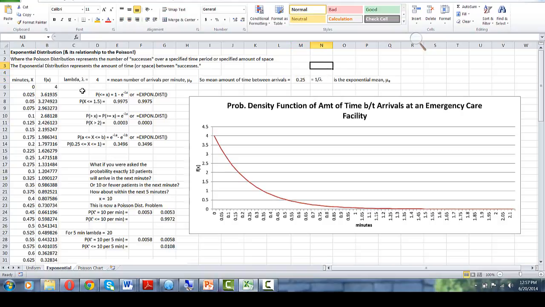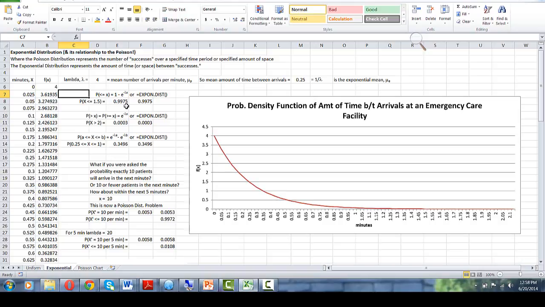So now, whether we're given 4 for the mean number of arrivals per minute, or we're given 0.25 for the average amount of time between arrivals, we then know that lambda is 4, and we can find probabilities such as what's the probability that 1.5 minutes or less will lapse between arrivals. So somebody has arrived, checked in. What's the probability that less than 1.5 minutes will go by before someone arrives again?